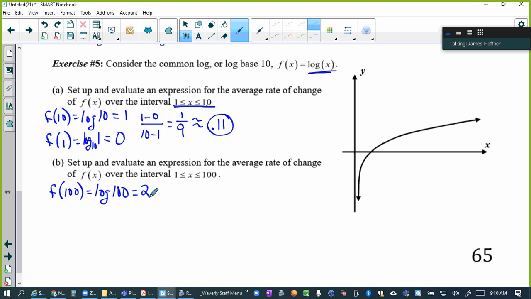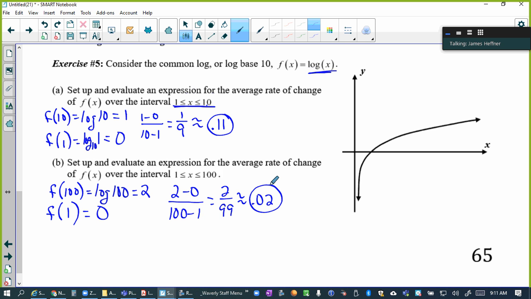And f of 1, we already know from above, is 0. Now we do 2 minus 0 over 100 minus 1. So that's 2 over 99. Seems like a little smaller number, doesn't it? As a decimal, it's approximately 0.02.